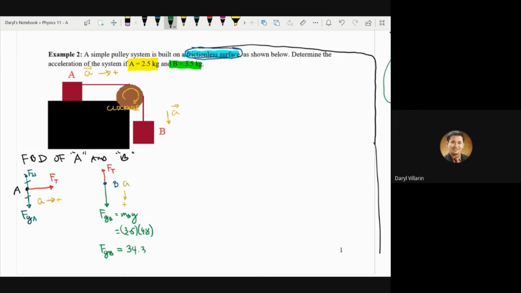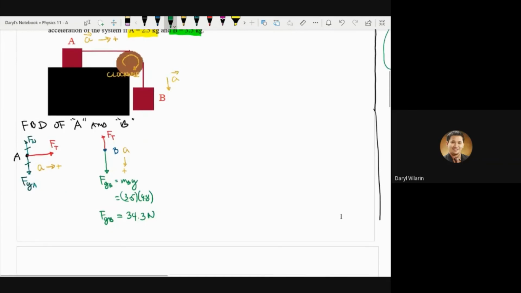Again, I will not be rounding off here because this is not my final answer, but I'm gonna need this value in solving for the net force, because in my object B, the weight of the object affects the acceleration. In my object A, the weight of my first object doesn't matter, okay? Because it's just balanced by the normal force.